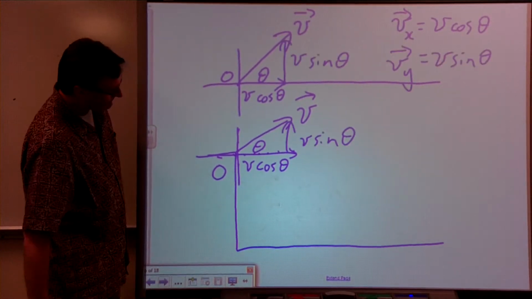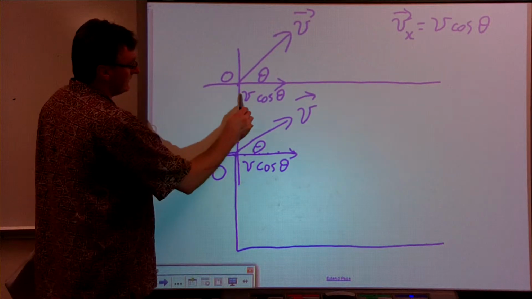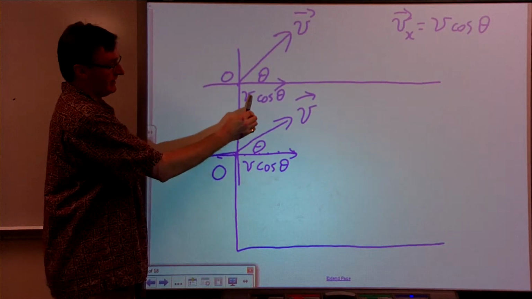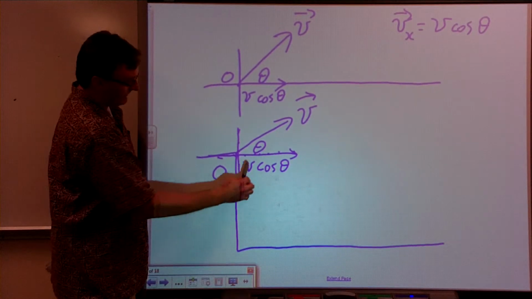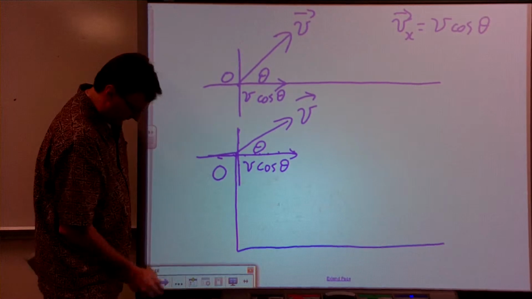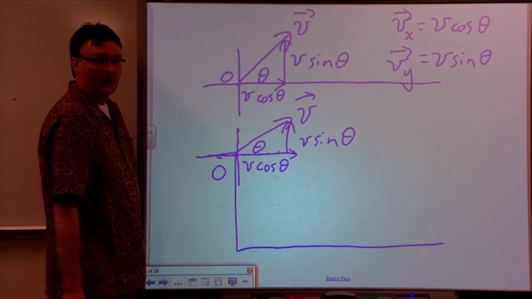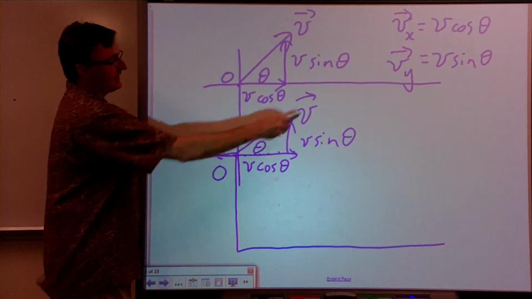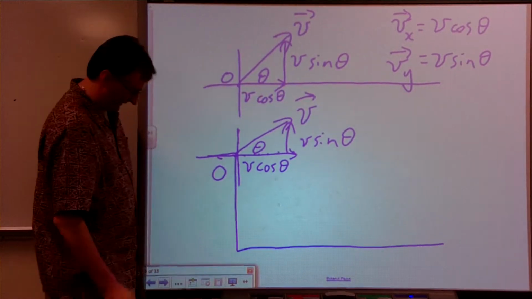Then recognize that the initial component of velocity in the x direction is just going to be v cos theta, and that goes for both scenarios. The same thing for the y direction: the initial velocity component in the y direction is just going to be v sine theta. So x direction v cos theta, y direction v sine theta.